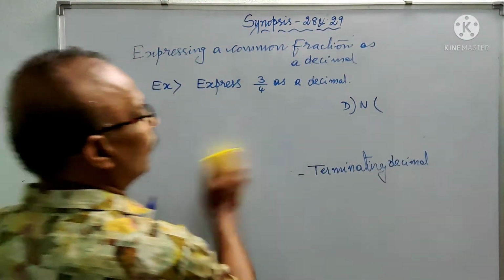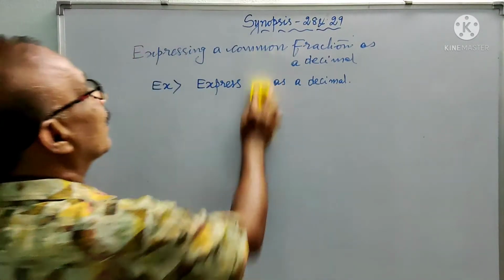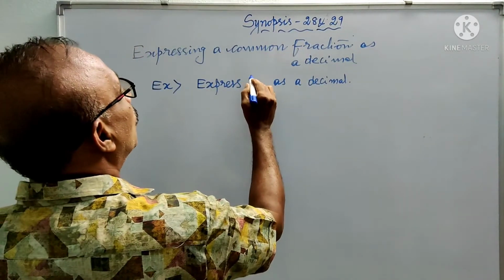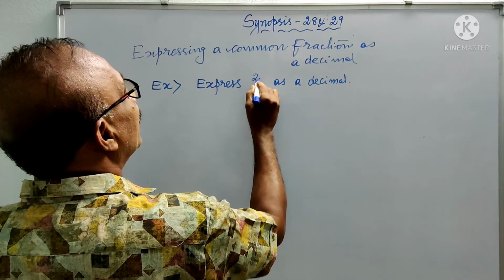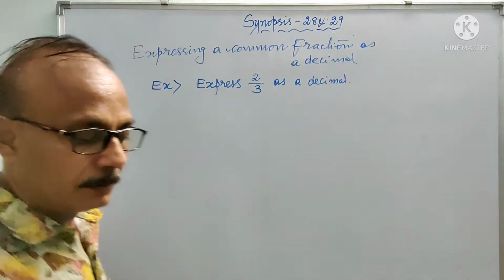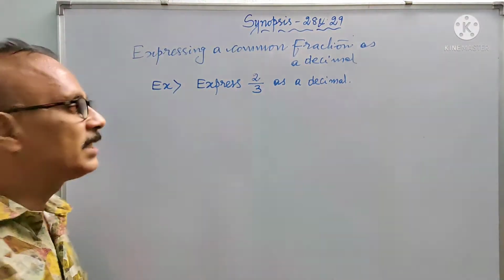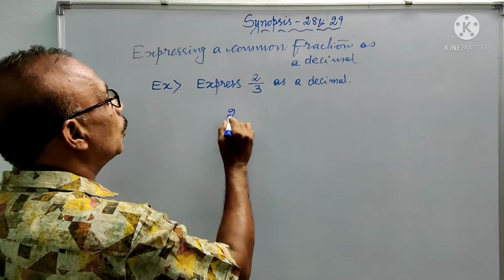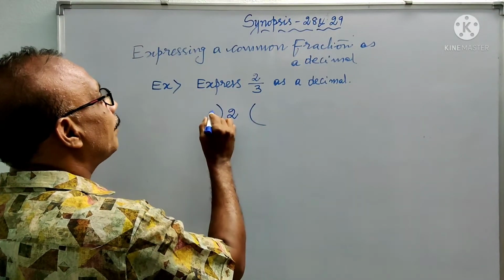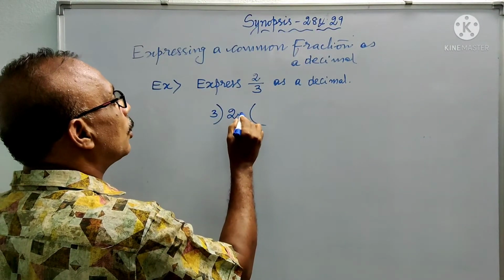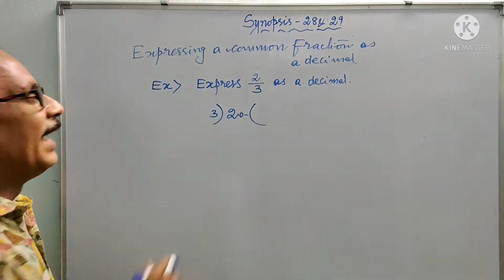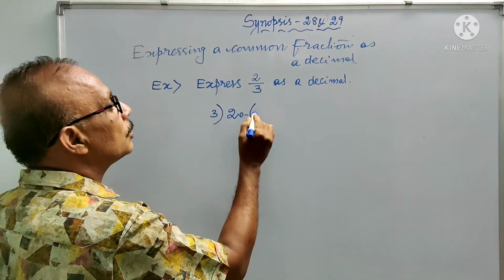Now I'll take one more example. Convert 2 by 3 as a decimal. So now also the same. You have to divide 2 by 3. So 0.0, so on. 3 can't go into 2. So 0.